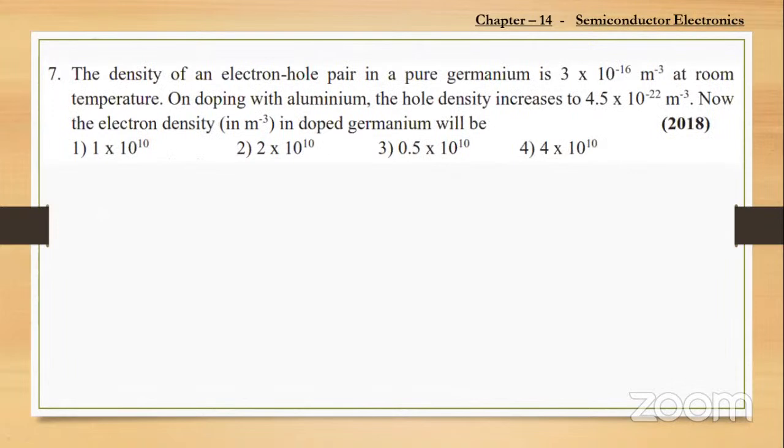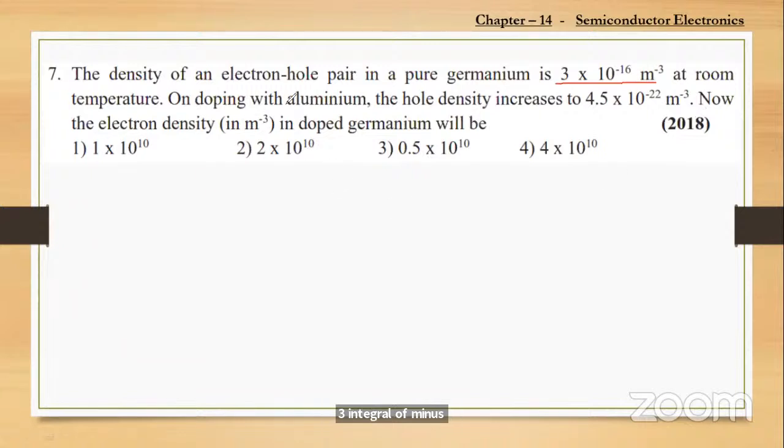Okay, next question. You may feel this question is very big, but actually it is a very simple question. In the question they say that the density of electron-hole pairs in pure germanium is 3 into 10 to the power of minus 16 per meter cube at room temperature.